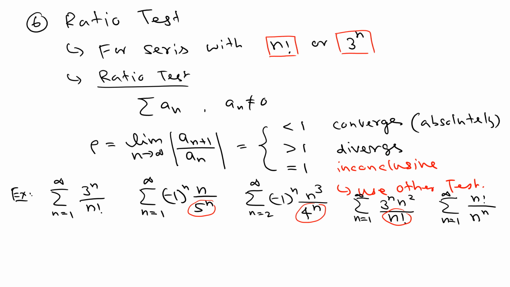And then these problems, so the sum from k equals 1 to infinity of k e^(-k).